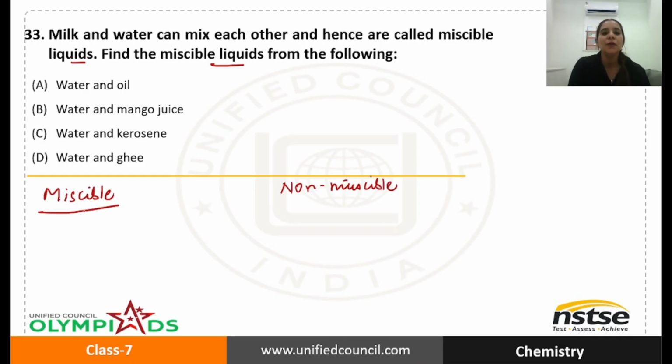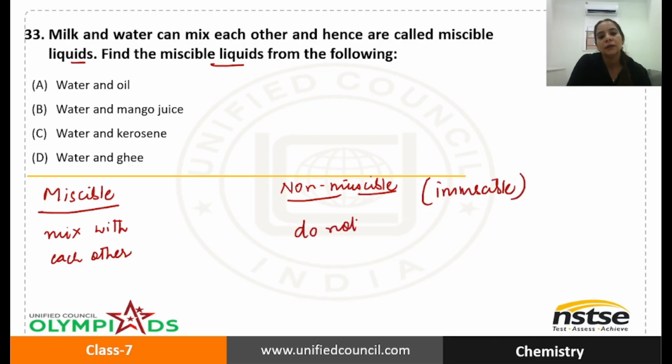Now miscible liquids are those which mix with each other. And non-miscible liquids, or you can also say immiscible, immiscible liquids are those which do not get mixed up. And when they do not get mixed up, you will see a definite boundary.